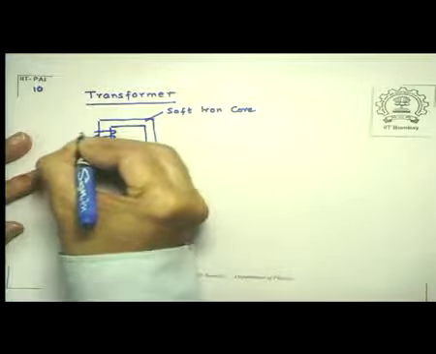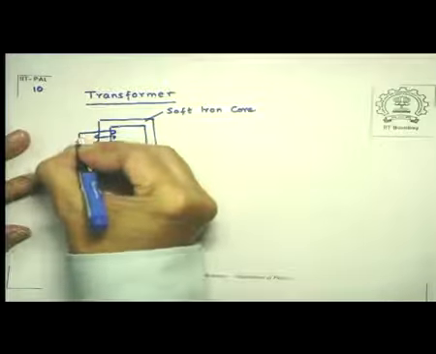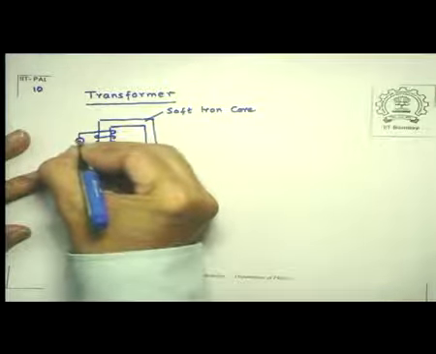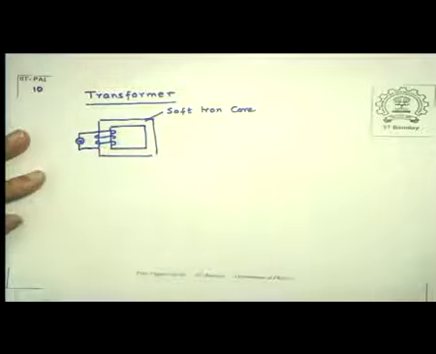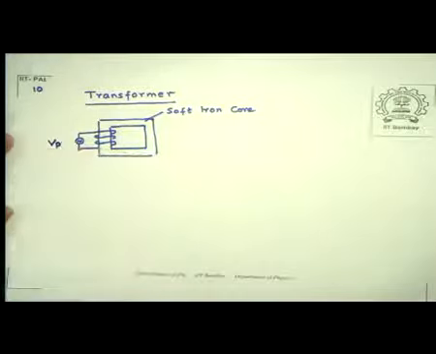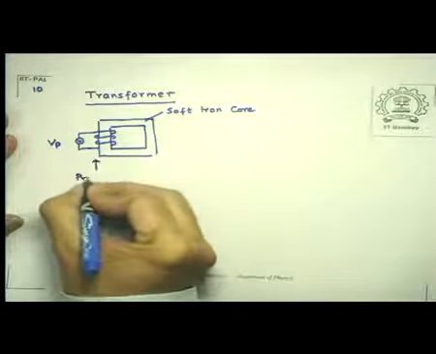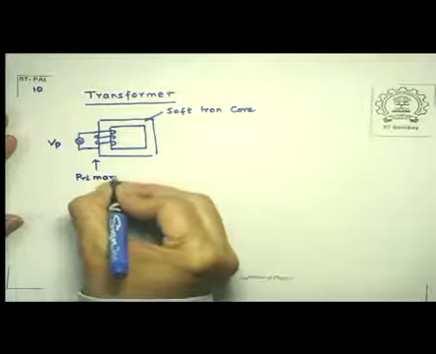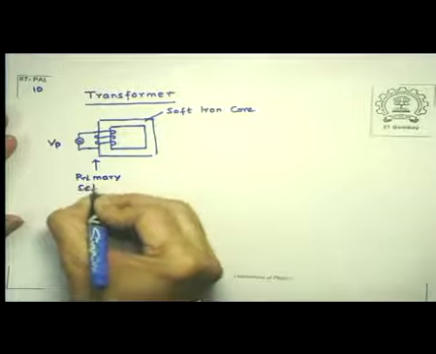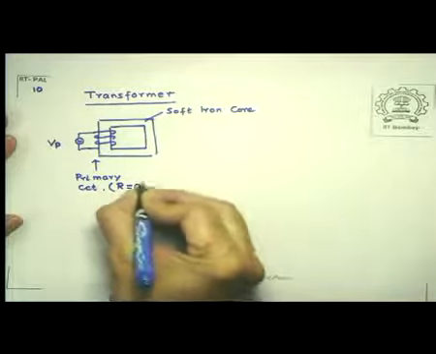I will assume that to begin with there is no resistance in this part of the circuit, but there is an alternating source of voltage with an amplitude V primary. So this part is called the primary part of the circuit. We assume R is equal to 0.